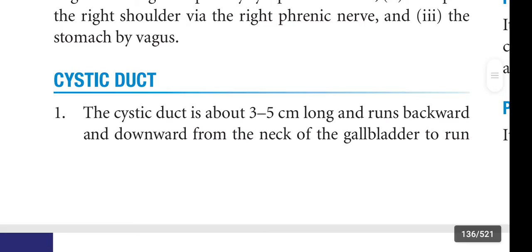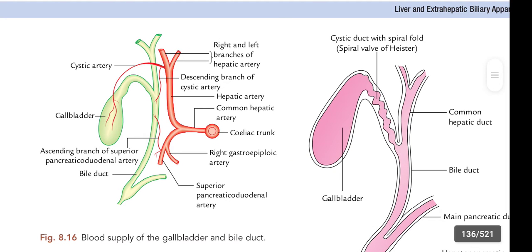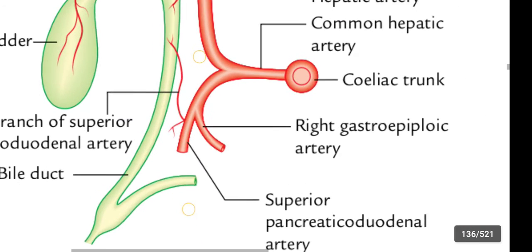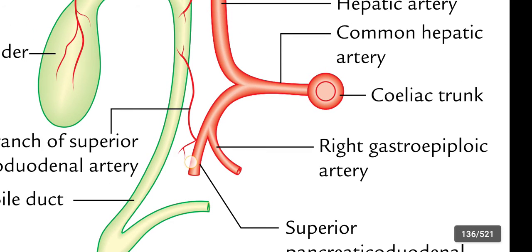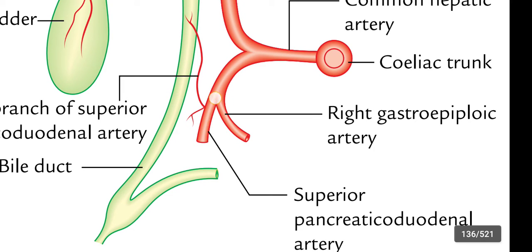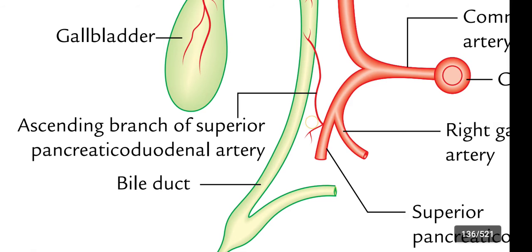Once again coming to the diagram. This is the superior pancreaticoduodenal artery. It gives an ascending branch, which supplies the lower part of the bile duct.